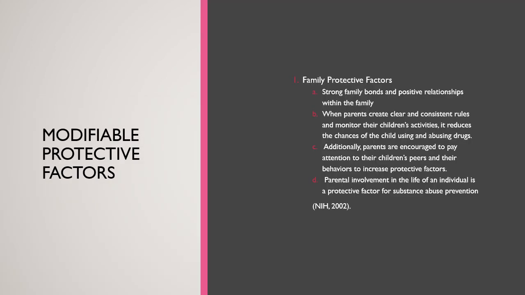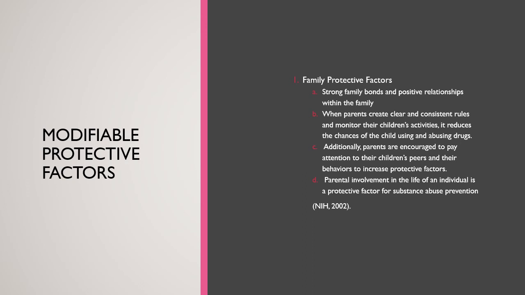All right, here we see some family protective factors. So these are the factors that happen within the home or within the family that can protect against substance use disorder, or they decrease the likeliness of developing substance use disorder.